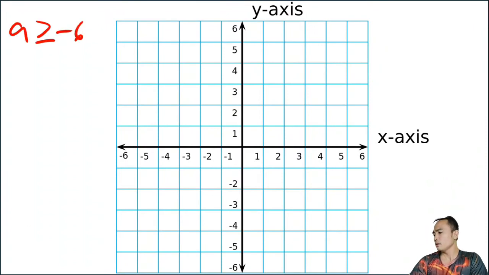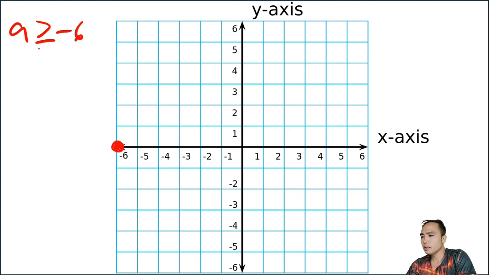And then if we want to graph our solution, we have negative 6 here. A is greater than or equal to negative 6, so we need to use a closed circle, meaning negative 6 is also included in our solution set.